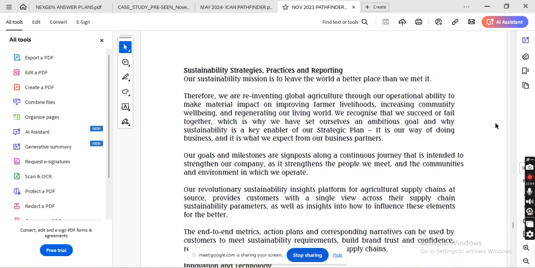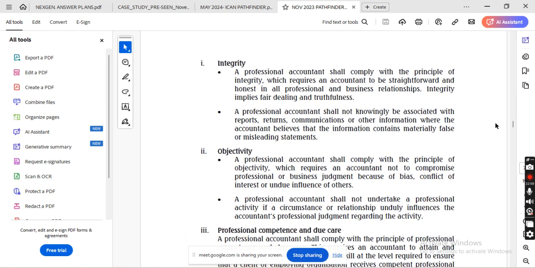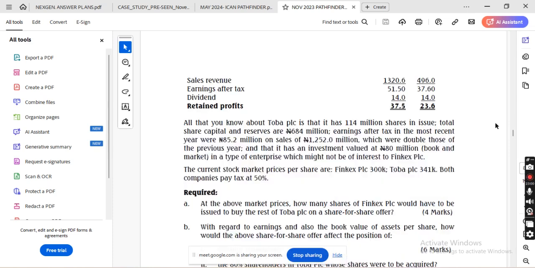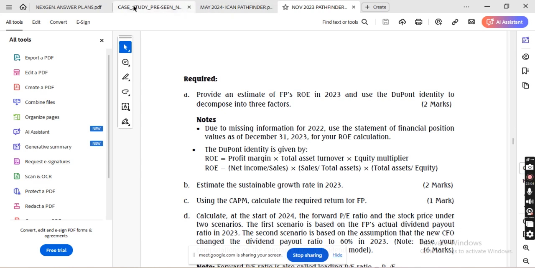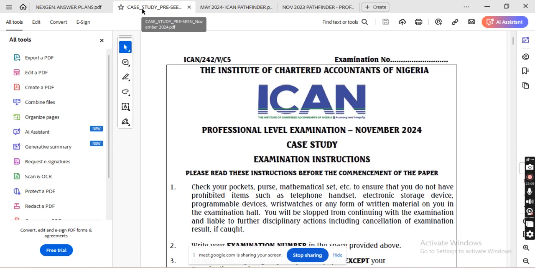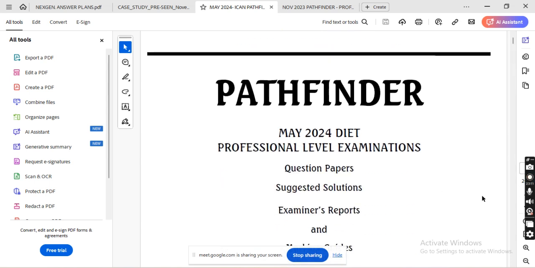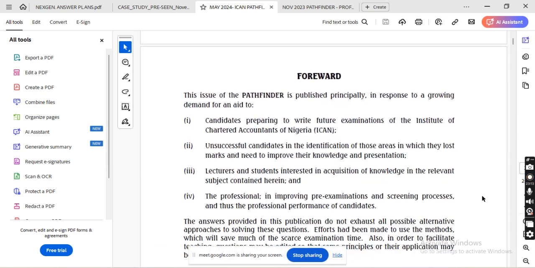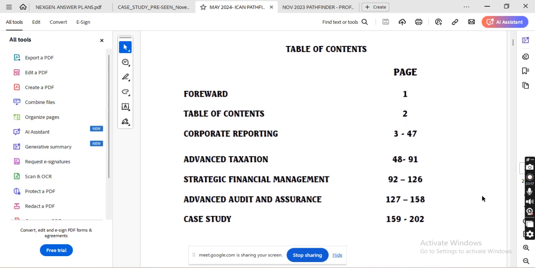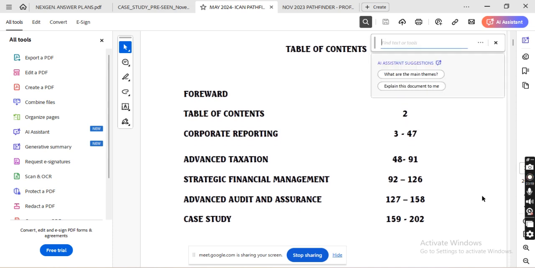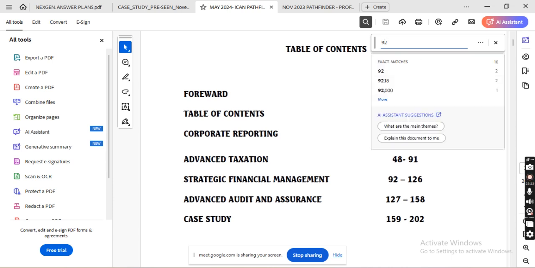So let's quickly check another year where we can easily identify if it is an internal report or an external report. Let's check the case study pricing, May 2024. And that is what we will do today: identifying if it is an internal report or an external report.